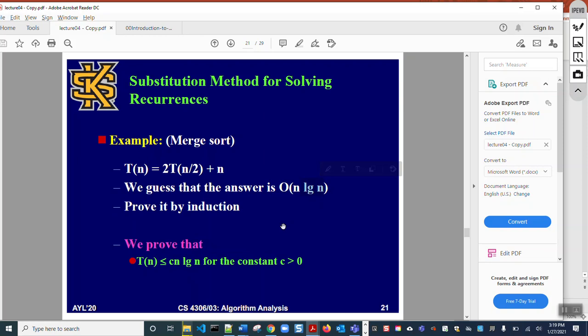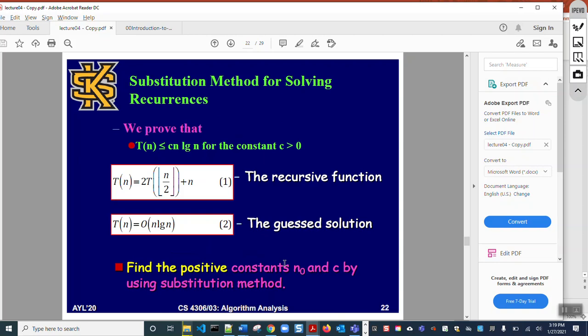And if we can prove that this is also less than or equal to C times n times log n for a constant number C greater than 0. Okay, you will understand this if you took your discrete mathematics course, then you should have learned this.